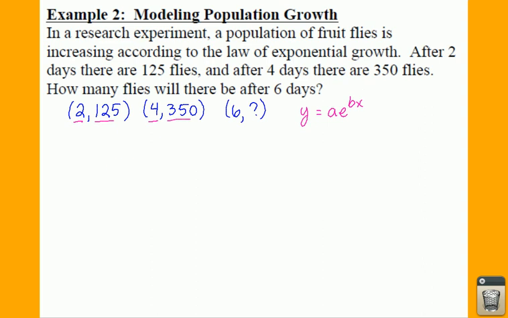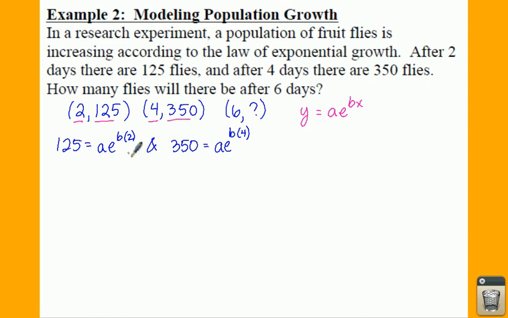One is 125 for our y equals a, which we don't know, base e to the power of b times 2. And then your second equation is 350 is equal to a base e to the b times 4.